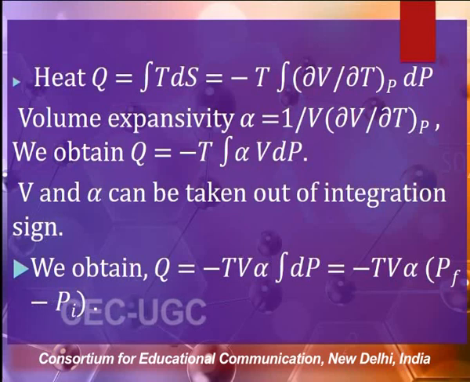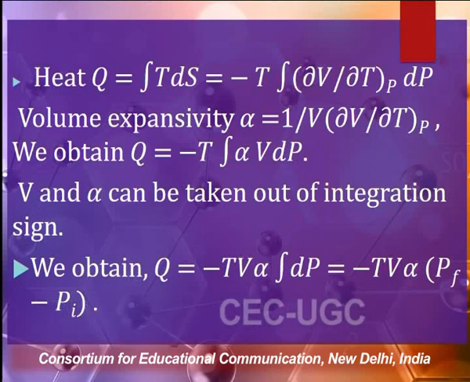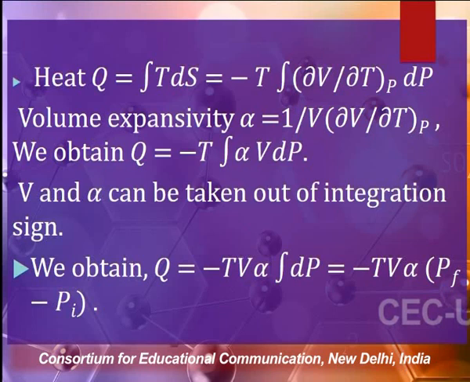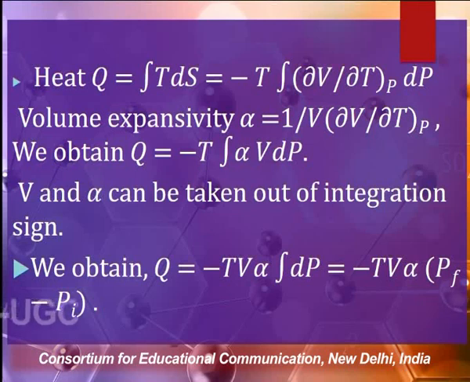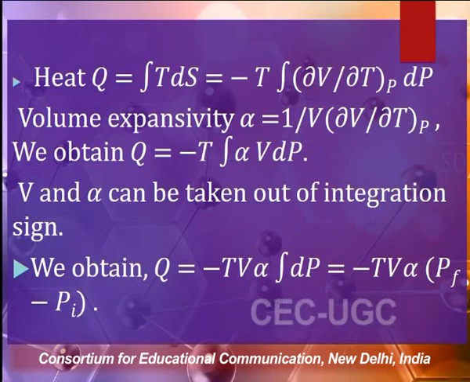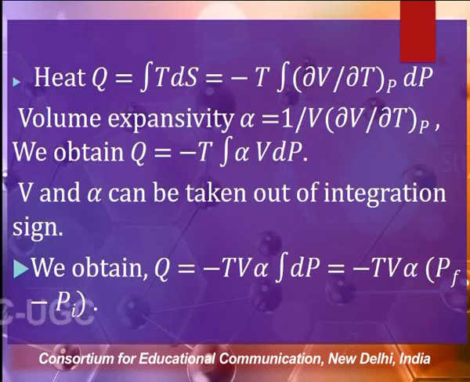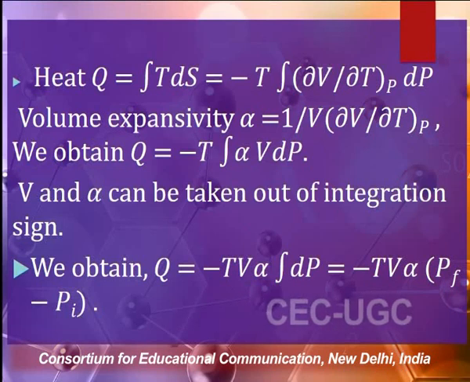Anyways, to obtain the heat, we get minus T integral of alpha V into dP, because (∂V/∂T) at constant pressure can be written as alpha V. V and alpha can be taken outside of the integration sign, and so we are left with Q is equal to minus TV alpha integral dP is equal to minus TV alpha (Pf minus Pi).